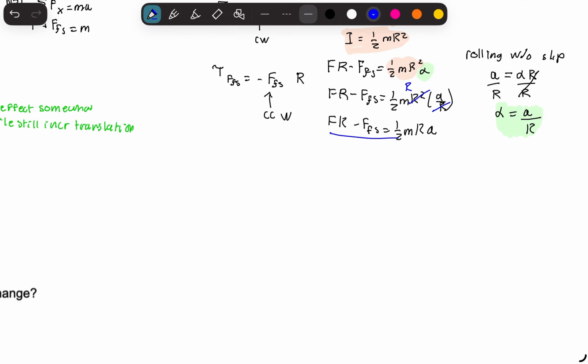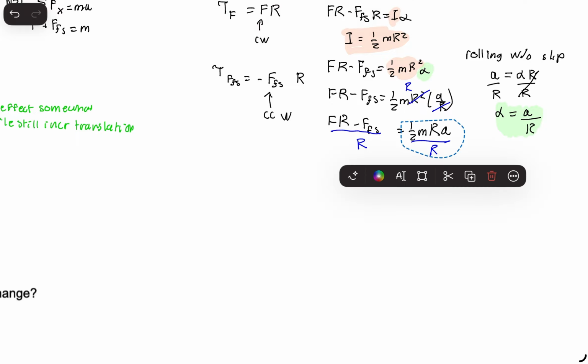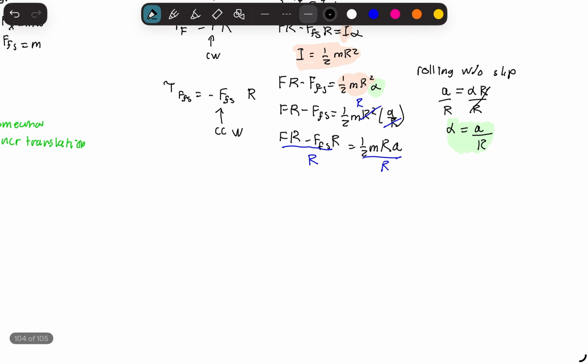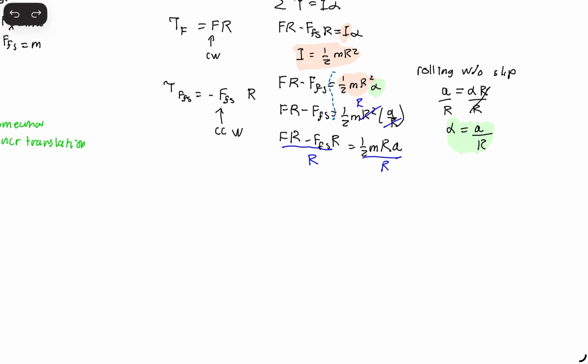After this, we can divide both sides by r. We also had an r here, but I forgot that. So there's actually an r here. These actually have an r.